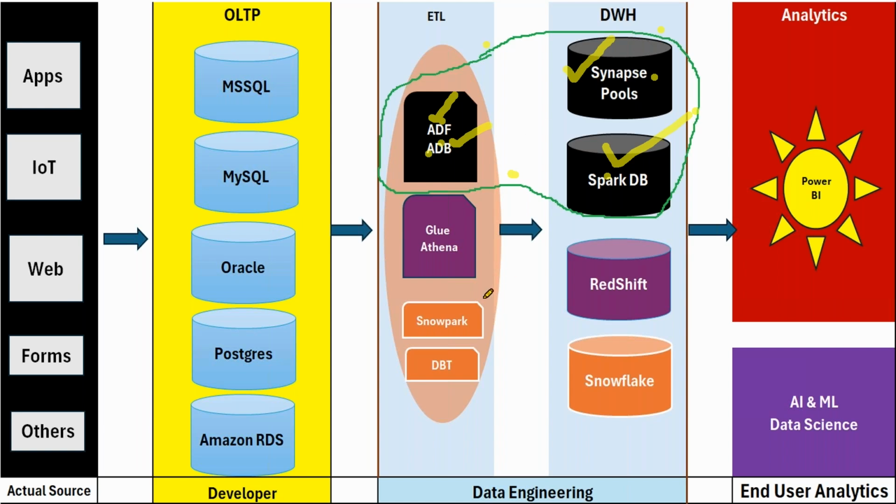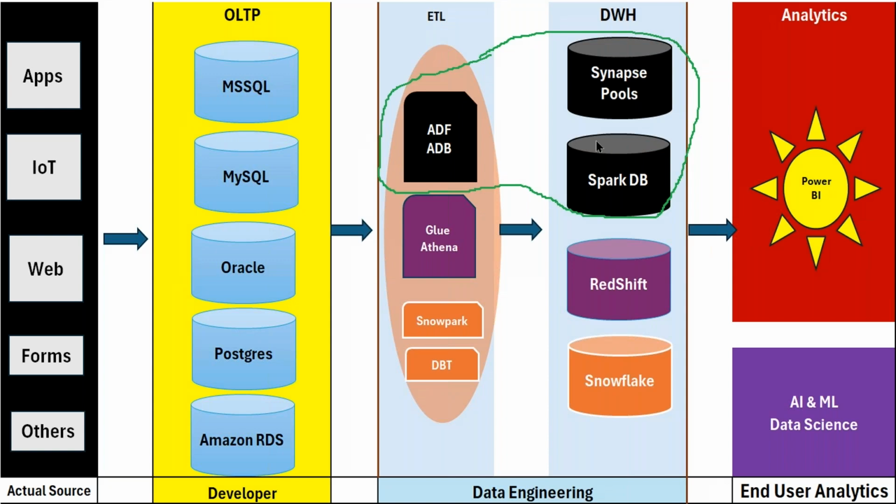We do have Amazon Glue, Athena, Snowpark, DBT, Amazon Redshift, Snowflake, etc. Other warehouses. We have other trainers for these engineering activities. Our classes from today are into core Azure, ETL, warehouse concepts, and the prerequisite, MS SQL.